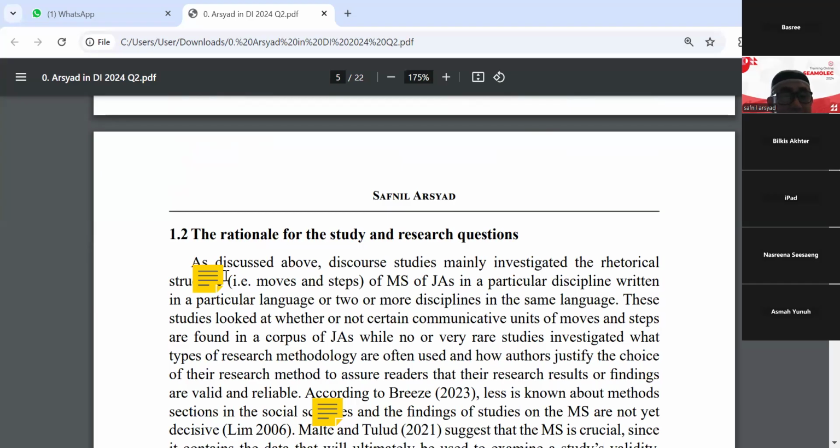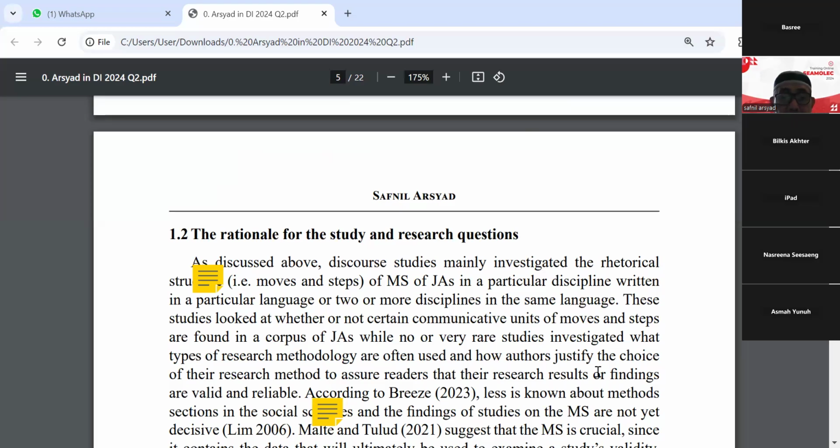These studies look at whether or not certain communicative units of moves and steps are found in the corpus of the study, while no or very rare studies investigated what types of research methodology are often used and how authors justify the choice of their research method.